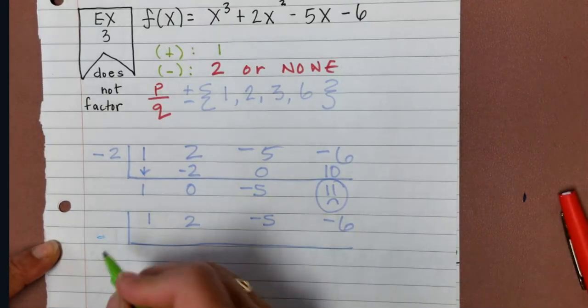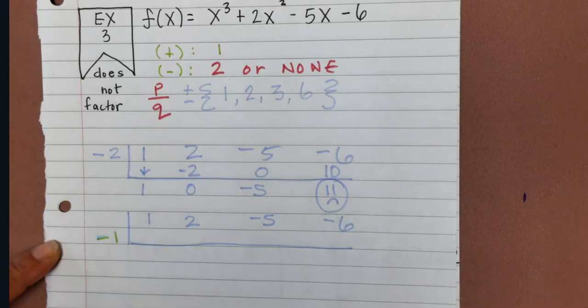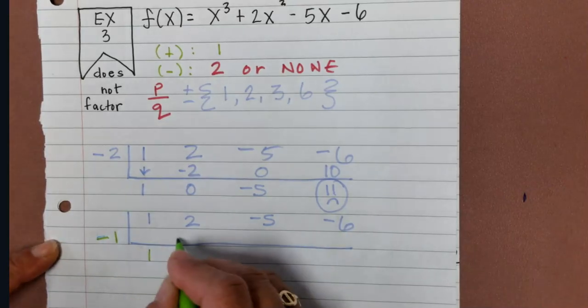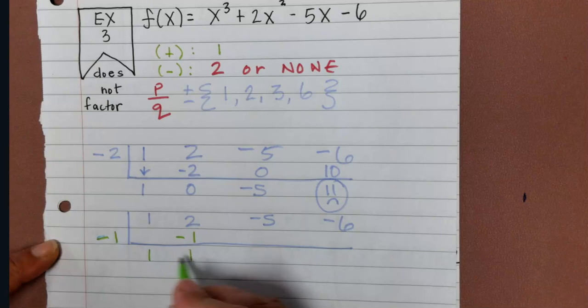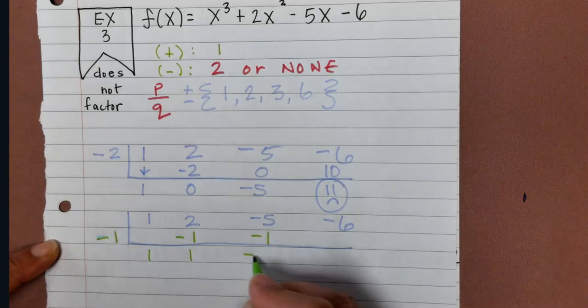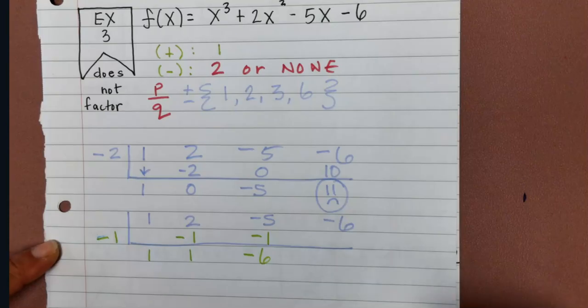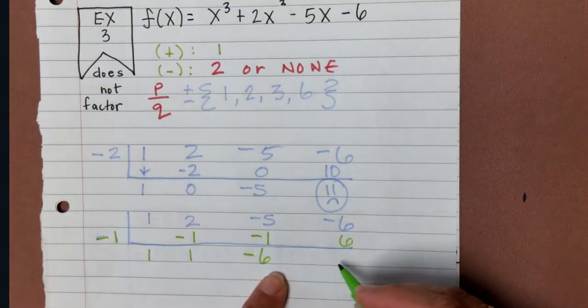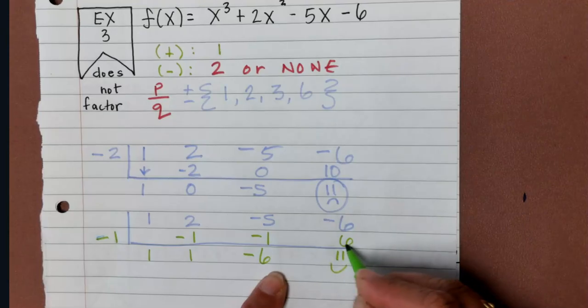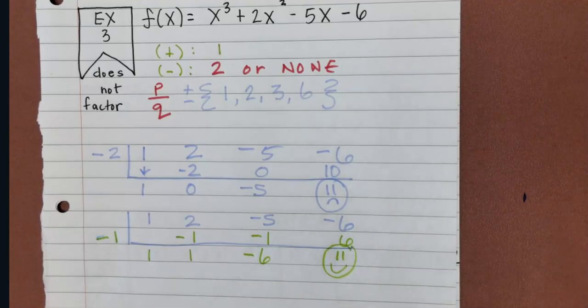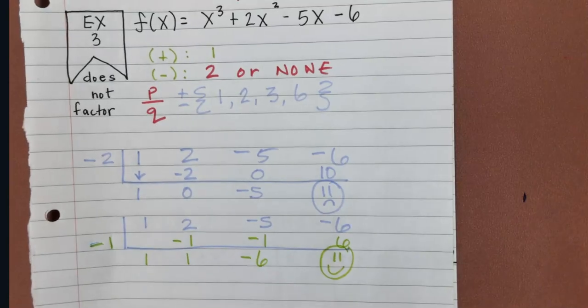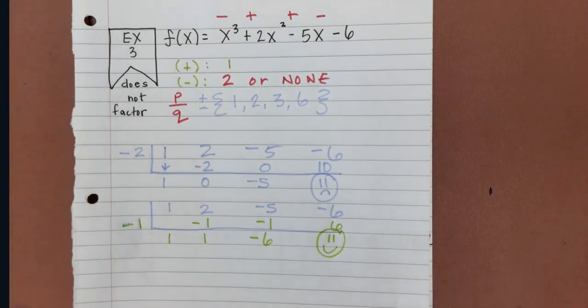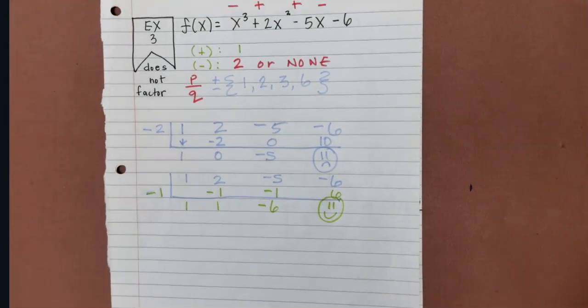So when I put a -1 on the outside, I'm just going to run through with my synthetic division. Oh. That equals 0. We're over halfway done with this problem now.